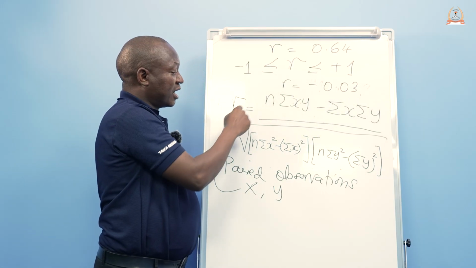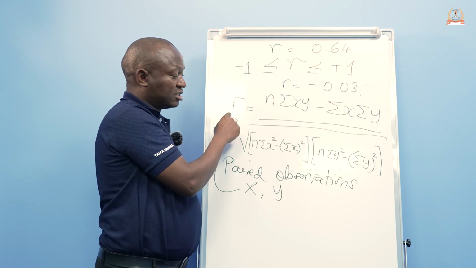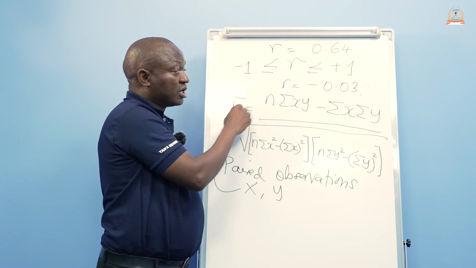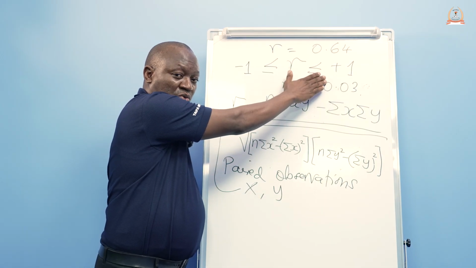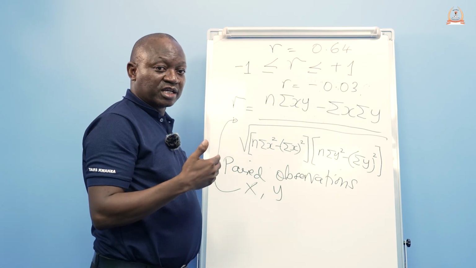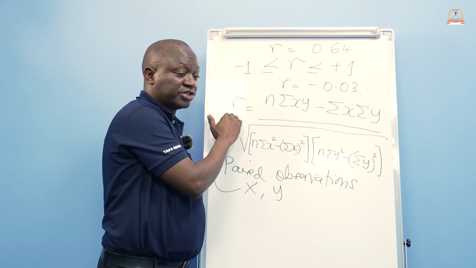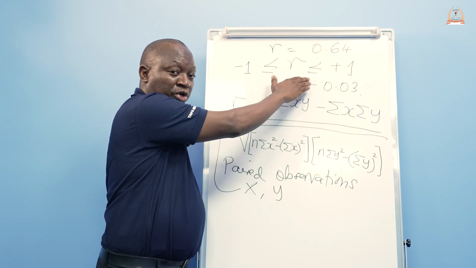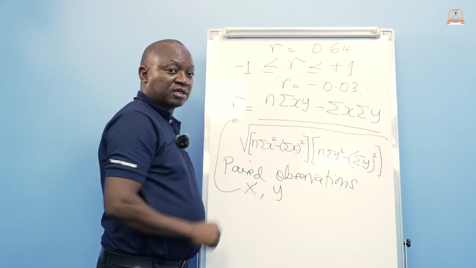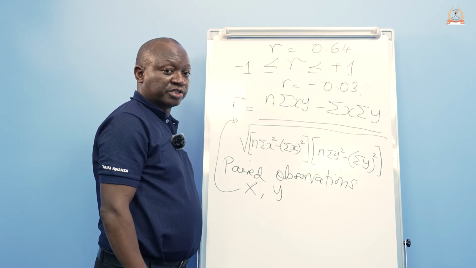Preferably, when r is from 0.5 onwards towards 1, then we are saying the correlation, or the relationship, is moderate, going to a higher relationship.